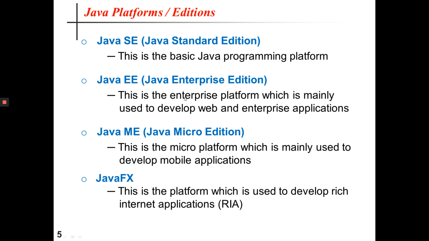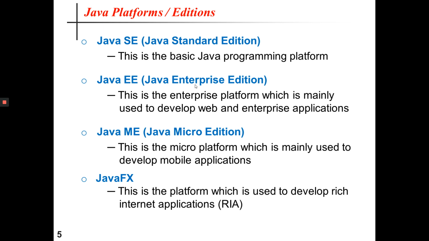Next comes Java EE or Java Enterprise Edition. This is the enterprise platform which is mainly used to develop web-based or enterprise-based applications. Next comes Java ME, that means the Java Micro Edition. This is the platform that is basically used to develop mobile-based applications.